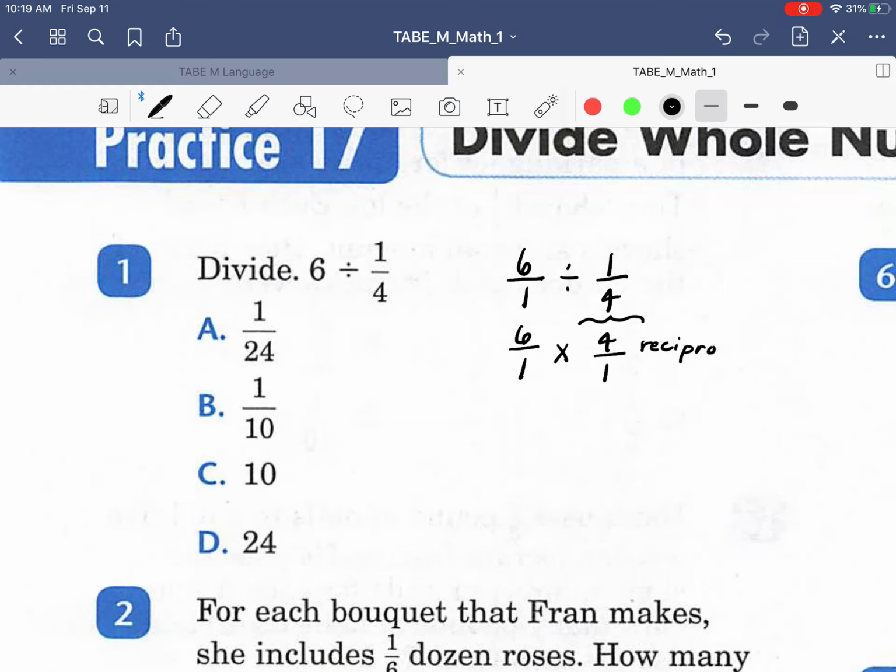Be careful there, especially if you just watched the last video, because that process is still in your head. This one's a little different. The steps are the same, but the numbers look a little different. So 6 times 4 is 24 over 1, which equals 24. So I would go with option D on this one. Answer to number 1 is D.